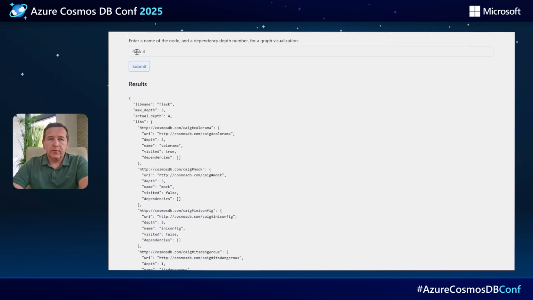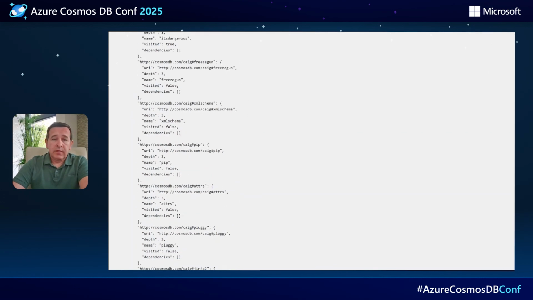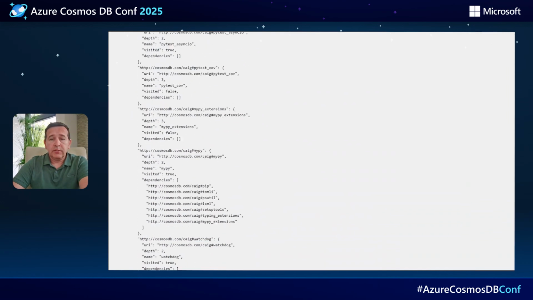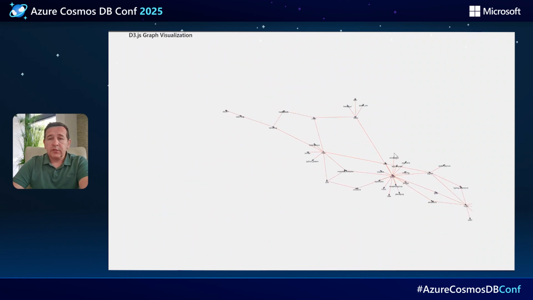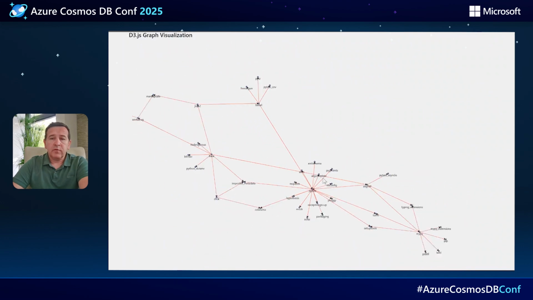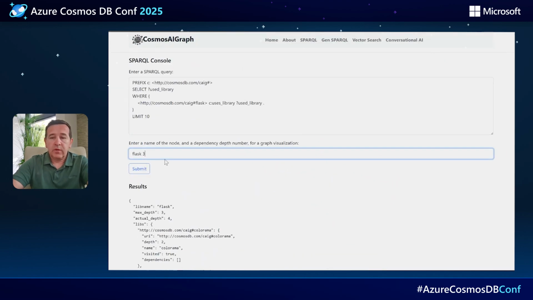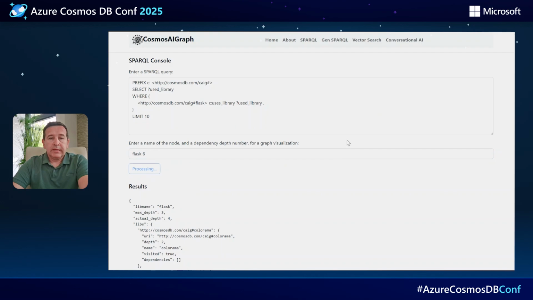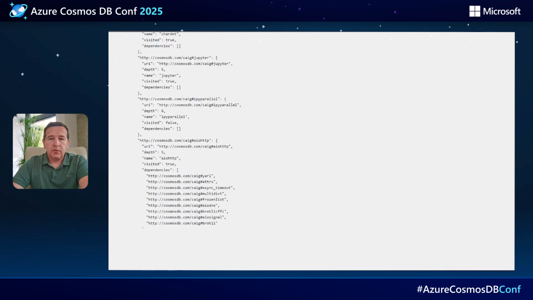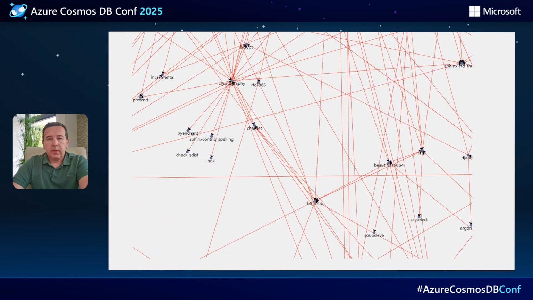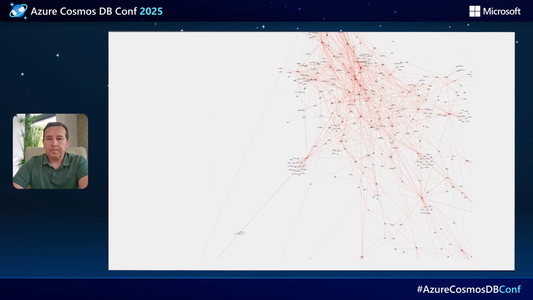So as we go into a particular library with depth level 3, that means dependencies of the Flask library, their dependencies and their dependencies, so 3 levels deep. We will see a much larger data set returned here in JSON, and some visualization as well. We have D3.js visualization here for the graph, and as you can see, it's a pretty simple graph. As we go much deeper, let's say 6 degrees of separation here, it takes a little bit longer, and obviously this is a much larger data set returned and a much larger visualization as well.